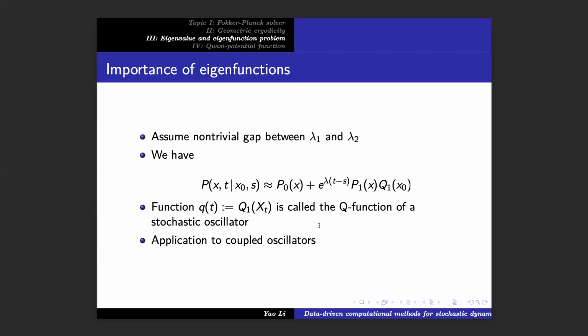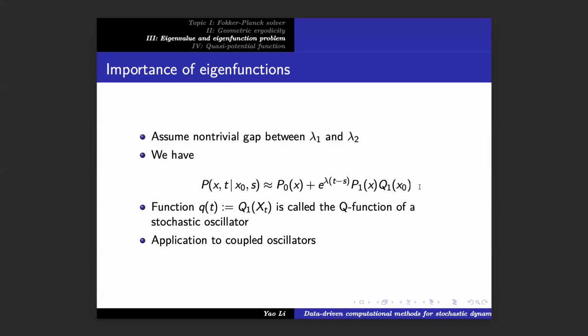So the entire transition kernel is basically approximated by p0, the steady state, plus this exponential times p1 q1. So the leading term of this transition kernel is actually given by your first eigenpair.